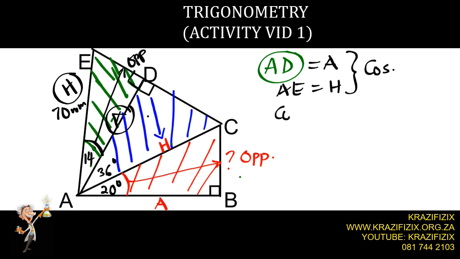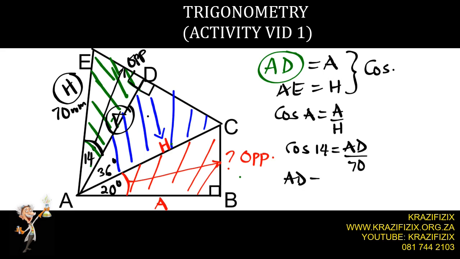So can we say cos A equals, what's my cos? Adjacent over hypotenuse. What is the value of A? 14. What is my adjacent? It's AD. And what's the hypotenuse? 70. Can we just cross multiply what we have?